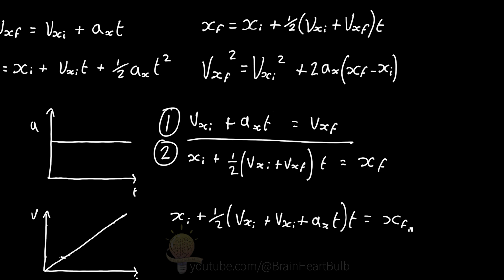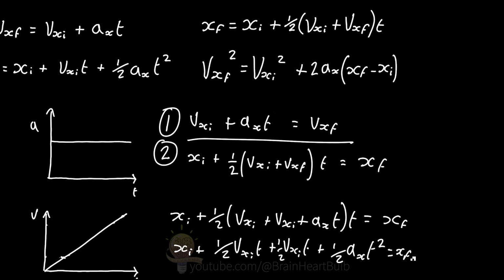So all we need to do now is just expand out these brackets here, and we get half of the initial velocity multiplied by time, because we've got time outside the bracket here, plus half of the initial velocity multiplied by time again, plus half of the acceleration multiplied by the time squared. And that is equal to the final position.